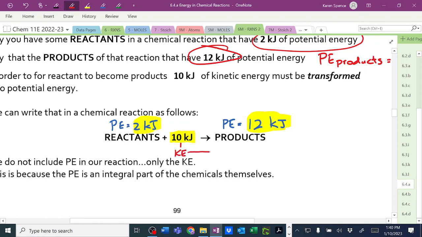And as it becomes products, it turns into 10 kilojoules of potential energy, which is now part of the products. Okay?